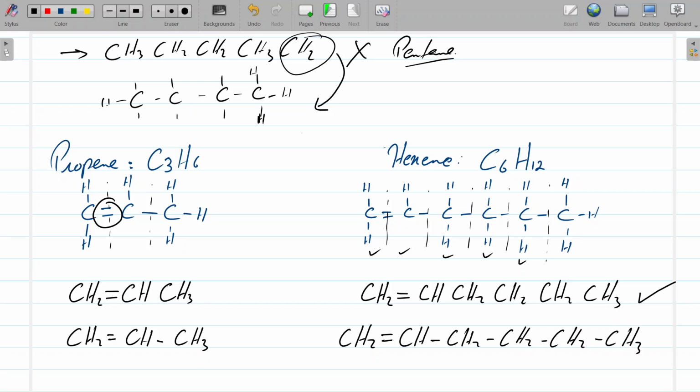So you are making it even more unambiguous that there are single bonds between all of these. Okay. Now let's do something a bit more fun. Let's talk about structural isomers.